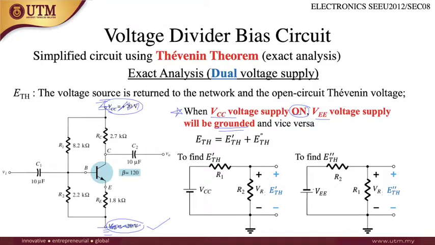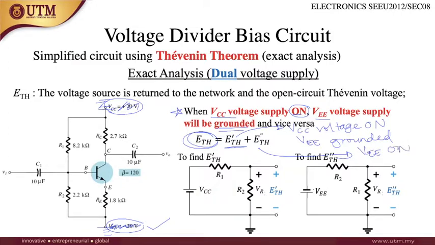In that case, the Thevenin voltage will be E prime TH, which is when the VCC voltage supply is on and VEE grounded, and E prime prime TH means that VEE is on and VCC is grounded. You need to consider both cases.